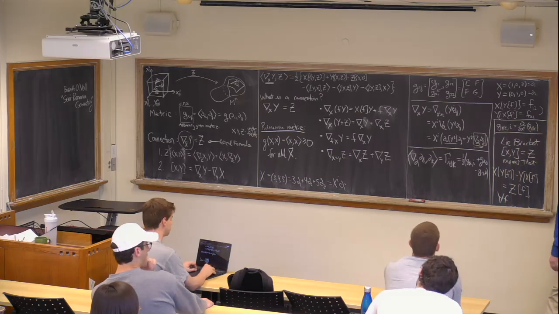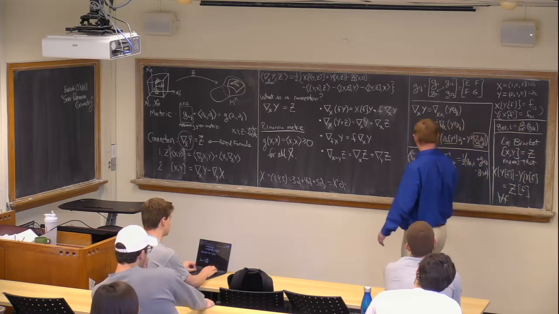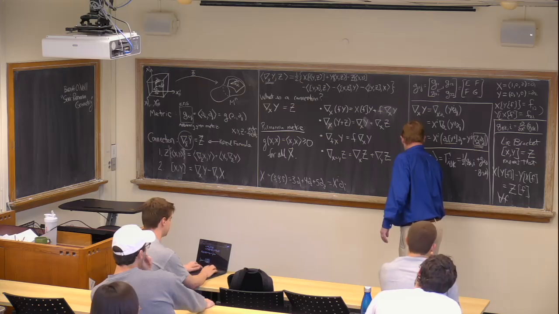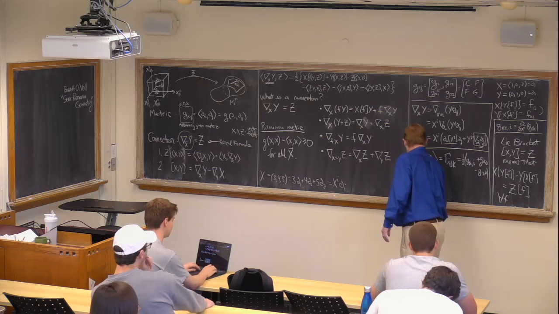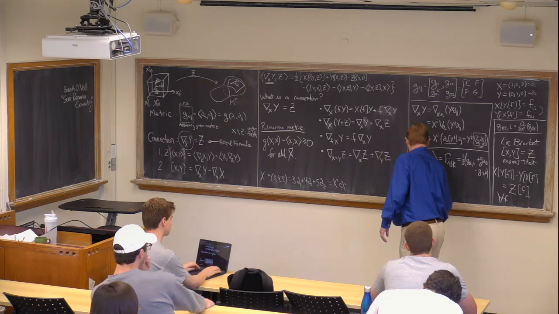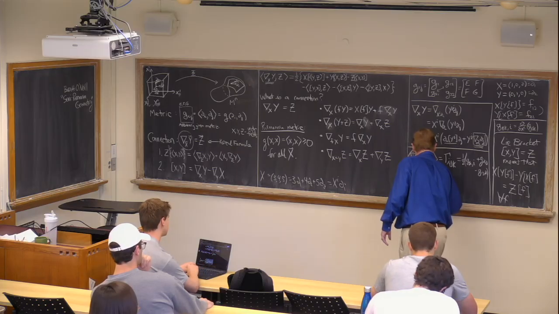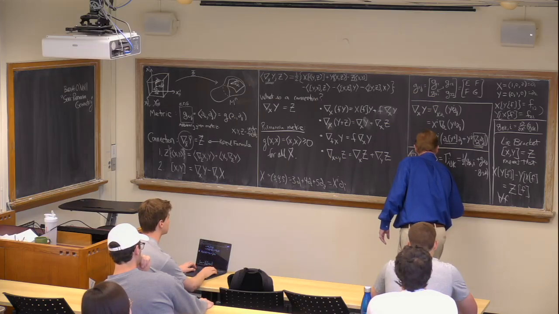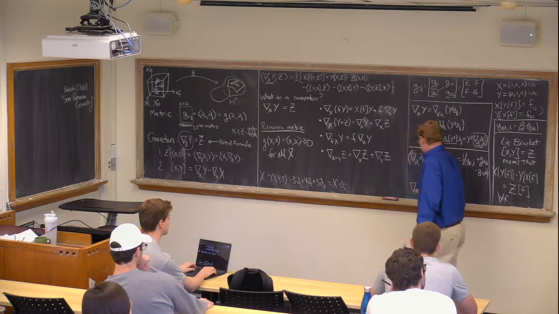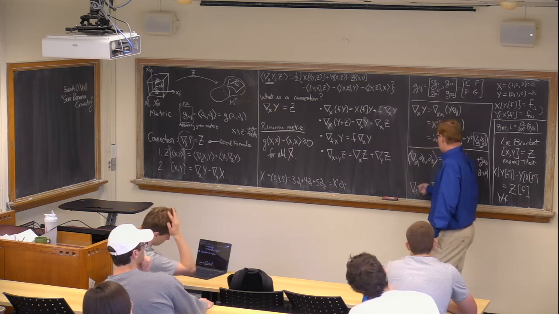Now, wouldn't it be more convenient if we actually solve for this? What I really want are these numbers here: the covariant derivative of partial j in the direction of partial i. Take the derivative of a vector field in the direction of another vector field, and that should equal a vector field.